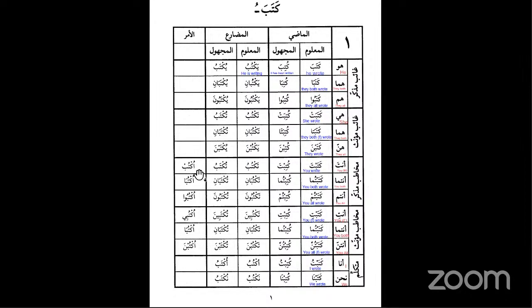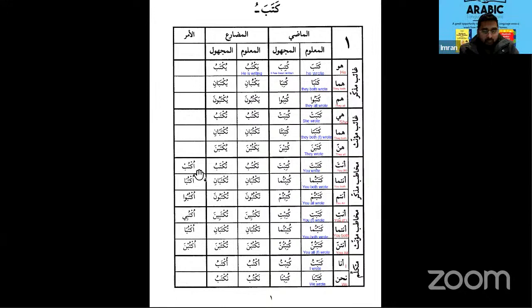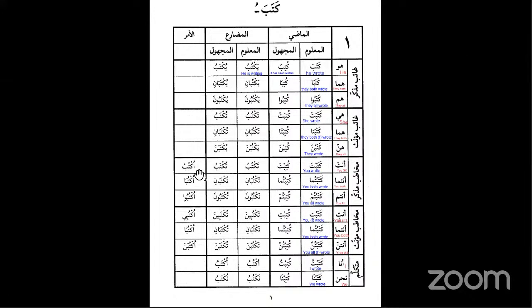So it's anta. Now this is mukhatib. You're talking to someone. So anta is you, masculine, and antuma is you two, masculine. Antum, you all, masculine plural.